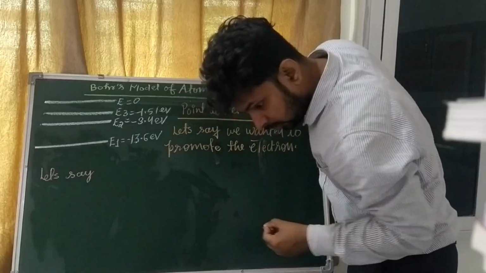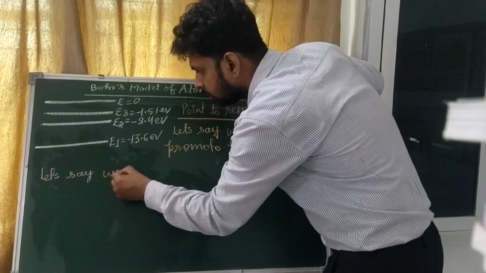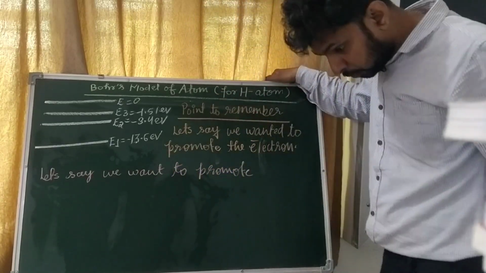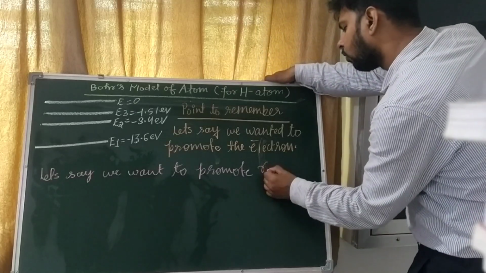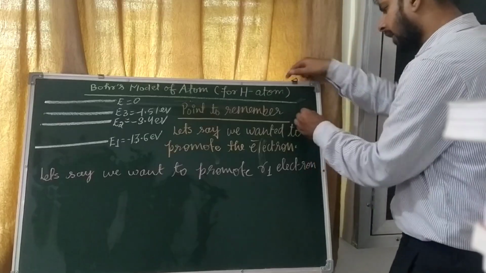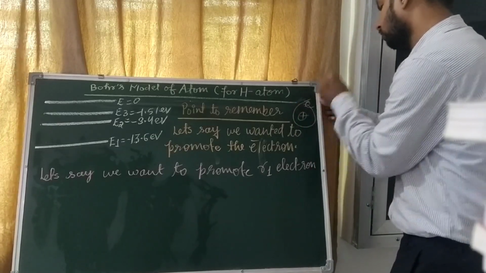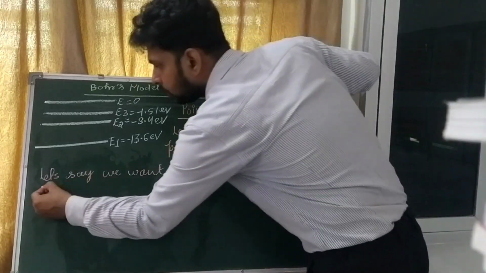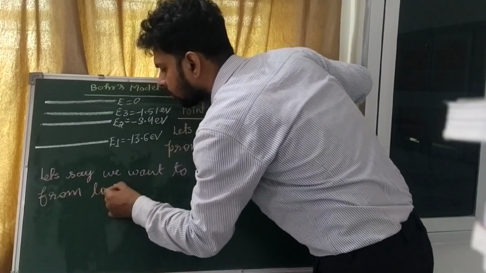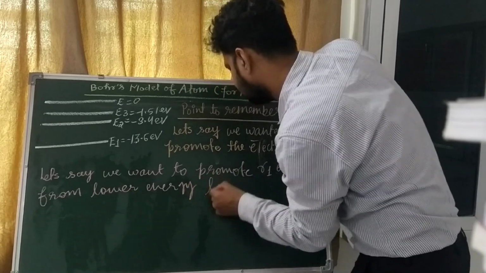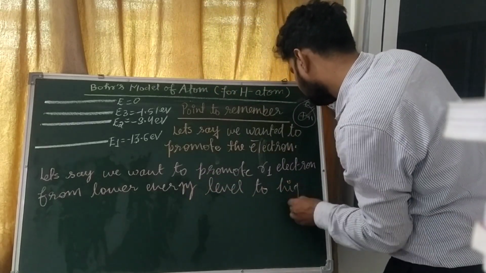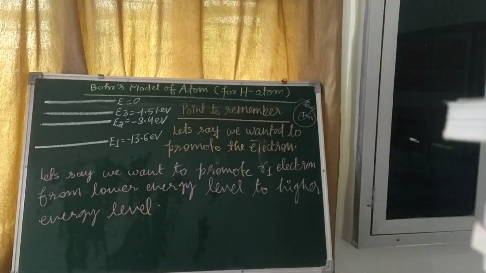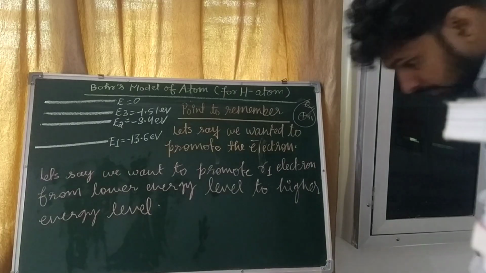Let's say we want to promote the R1 electron, that electron which is orbiting the nucleus, from lower energy level to higher energy level.